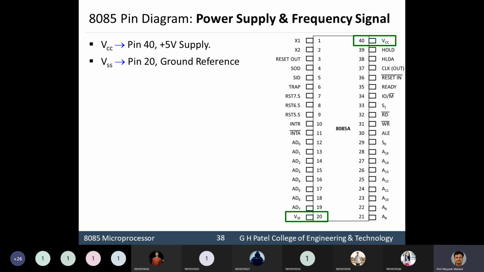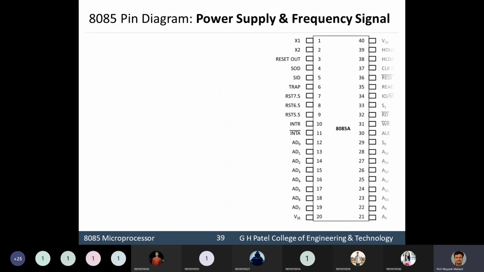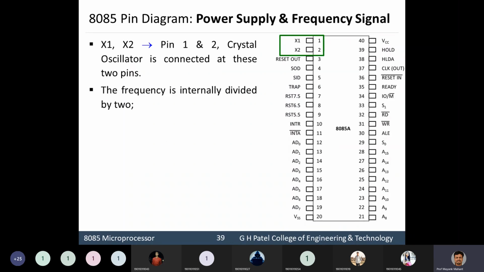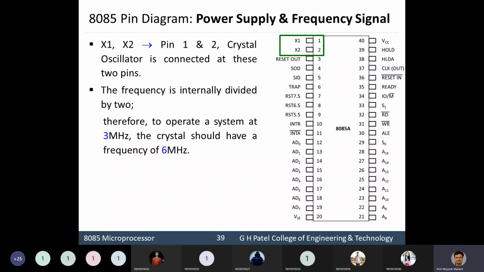The ground is provided to VSS, the ground reference for the microprocessor. Then we have X1 and X2, pin numbers 1 and 2.